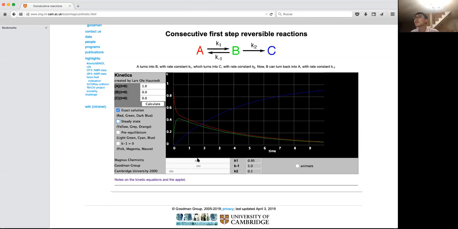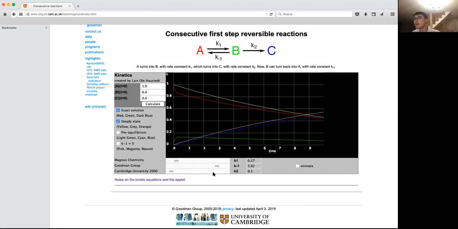Anyway, if we need to apply the steady state approximation, what is our requirement? Which step should be slow? The first step should be slow, right? So now say we make the k1 smaller. Uh-oh, too small. And then make this larger.